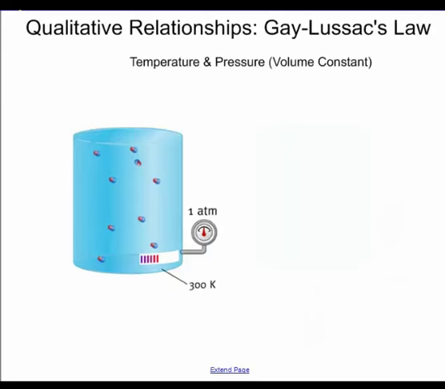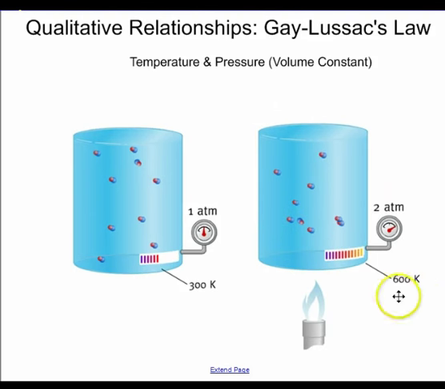the pressure. In this simulation, notice that the container does not have the movable piston anymore. We have the temperature reading initially at 300 and an initial pressure of 1 atmosphere. After the substance is heated, the temperature doubles, the pressure doubles.